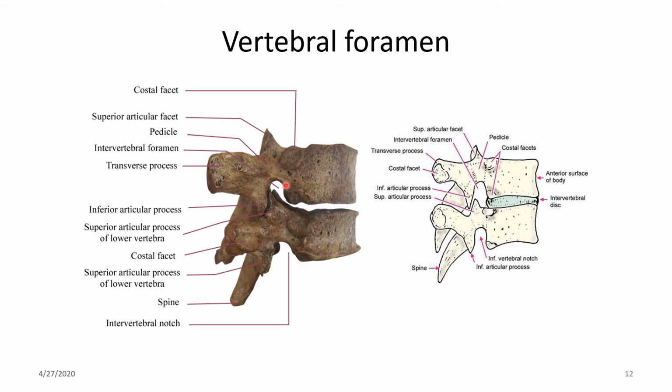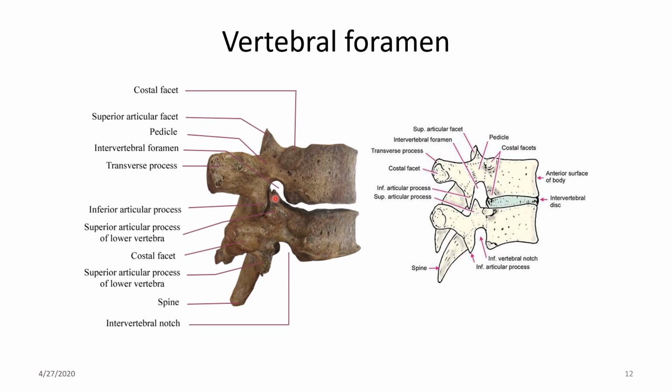Then coming to this is the transverse process of the vertebra, and you can see the spinous process and the superior articular process you are seeing, and then this will be the region of the inferior articular process.